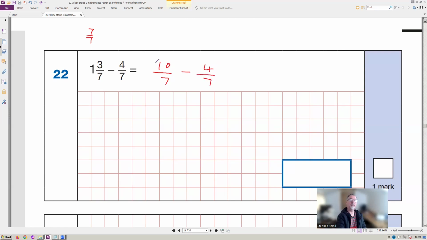Right? It's a bit like saying you've got 10 apples or 4 apples, but sevenths are the object. We've got 10 of them there, we've got 4 of them there. 10 minus 4 is 6. 6/7, and it's not going to cancel down at all.